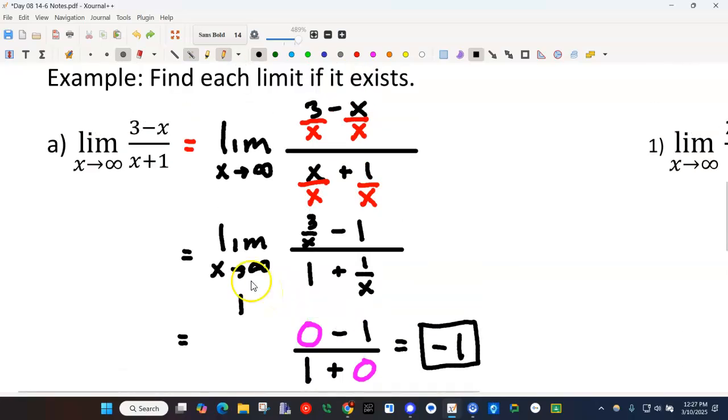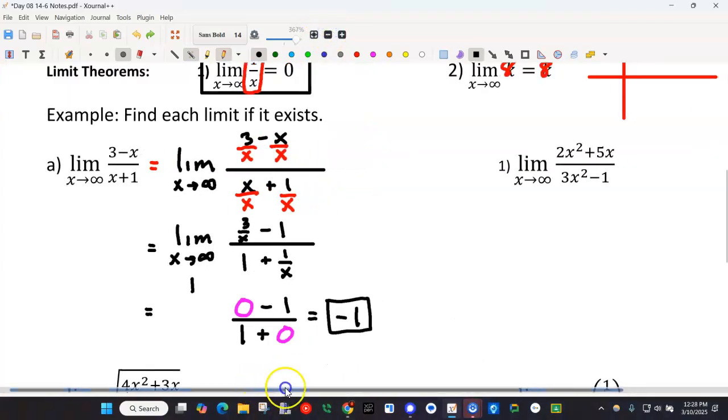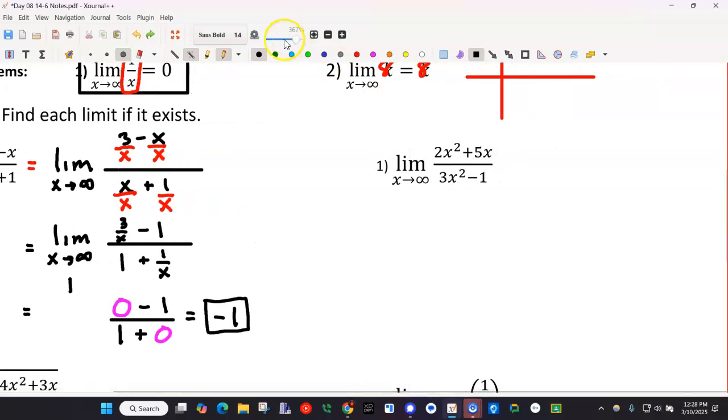All right, so try that with number 1. Give that a go. Showing all the work, all the steps. Check with one another.